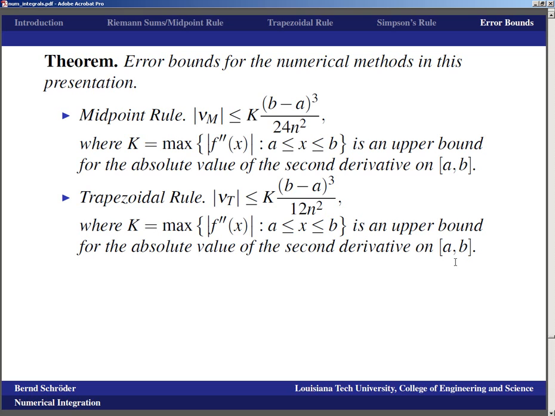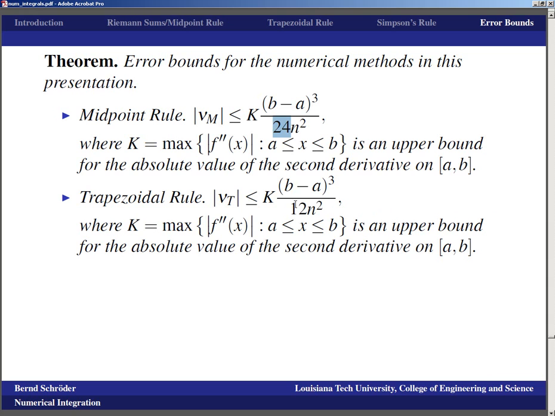If a function has a lot of curvature, it's quite a ways away from being a straight line, and with the trapezoidal rule, we approximate with straight lines. We can also see that the error estimate reflects what we've seen empirically, and that is that we're only dividing by 12 in the trapezoidal rule, and that just comes out of the derivation, whereas we're dividing by 24 in the error estimate for the midpoint rule.